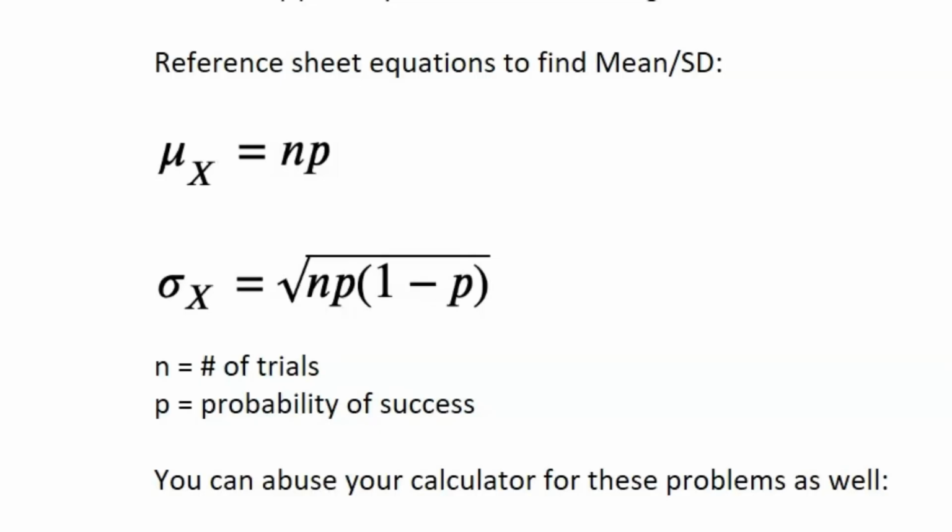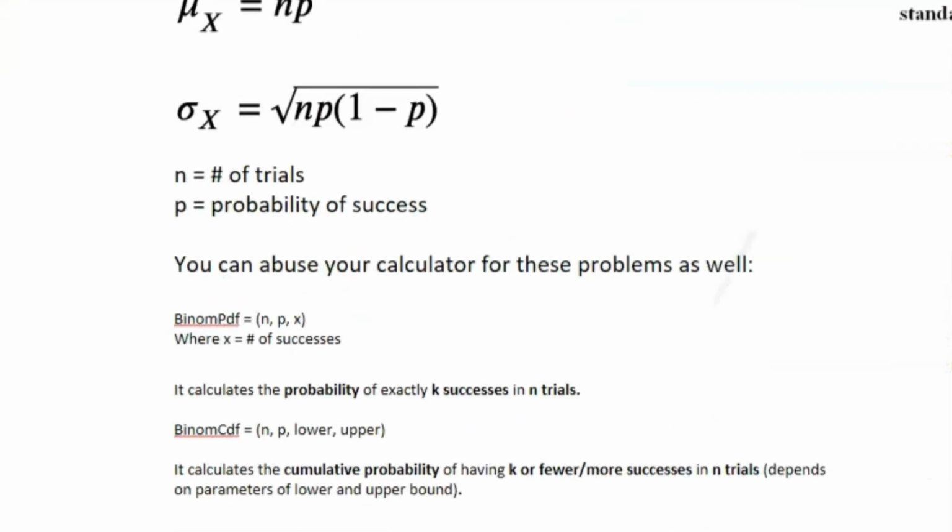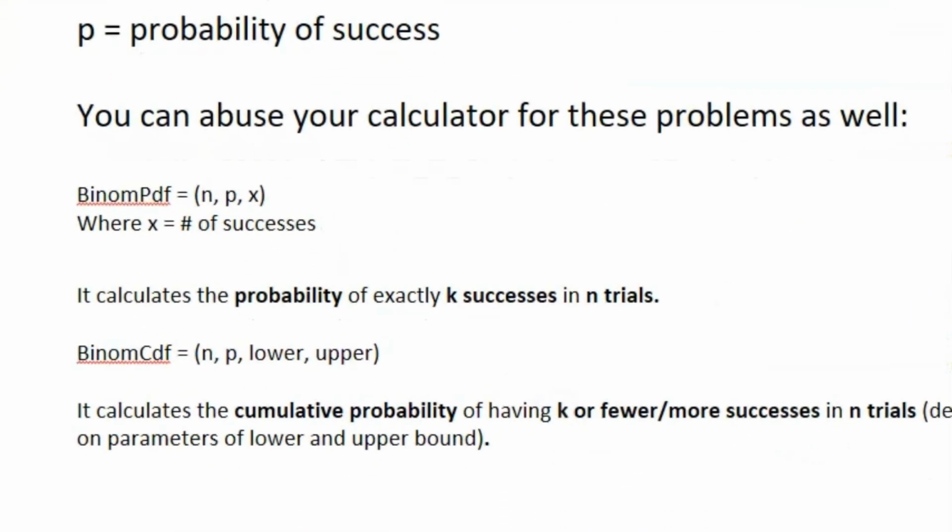And I would say you can always abuse the calculator for these problems if you're asked about binomial random variables. So here are the calculator commands. You've got binomial PDF, that's just n, p, x. So n is the number of trials, p is the probability of success, x is the number of successes, and it calculates the probability of exactly x successes in n trials.